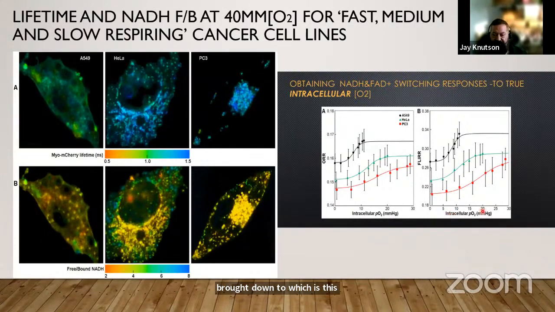So in fact, if you look at the same sets of cells, you see that as you reduce the oxygen that's being supplied, they switch from OXPHOS to glycolytic. And what's interesting to us here is that that switch occurs at different levels of oxygen for the different metastatic levels in the cells.